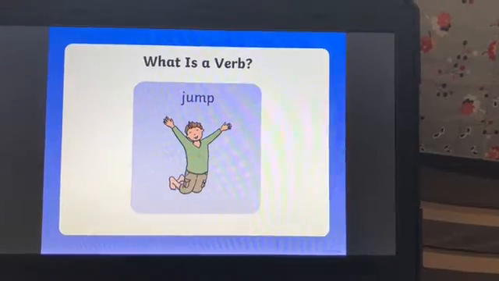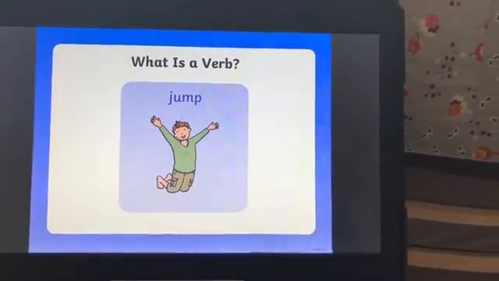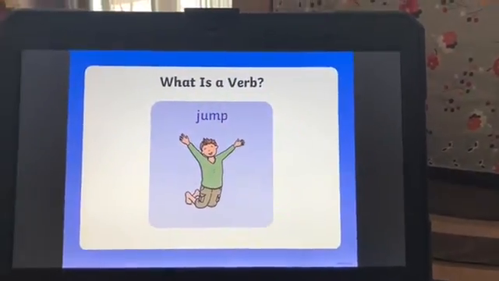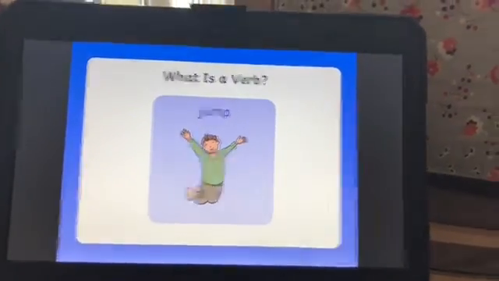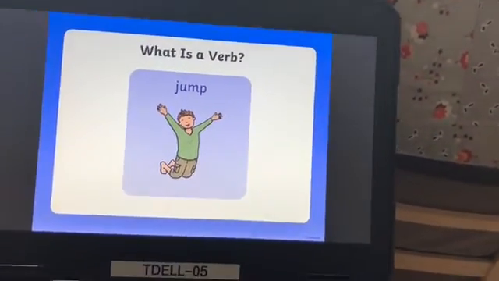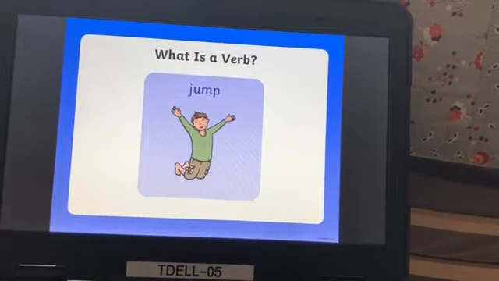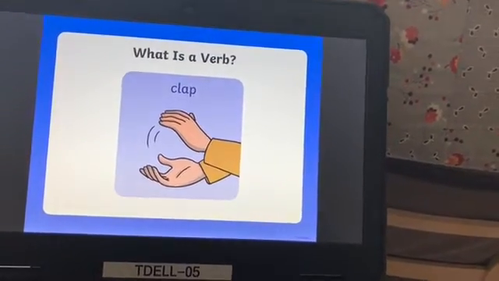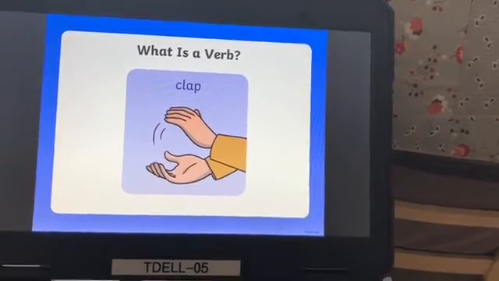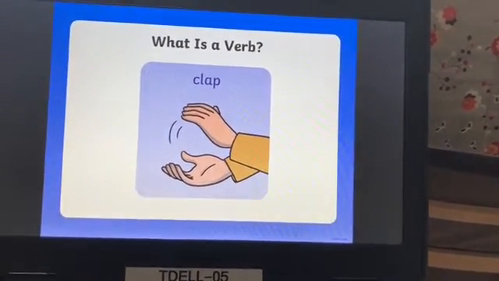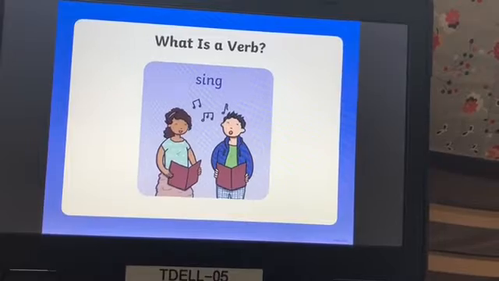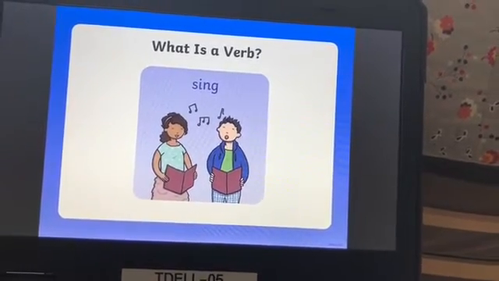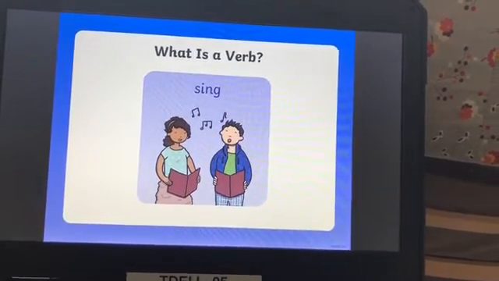So what is a verb? This person is jumping. So as I already have suggested, a verb is a doing word. It is a word that you do. So this boy is jumping. So jump is a verb. Clap, to clap. So you are doing something, you are clapping. So clap is a verb. To sing. Sing is a verb, it's something that you do.